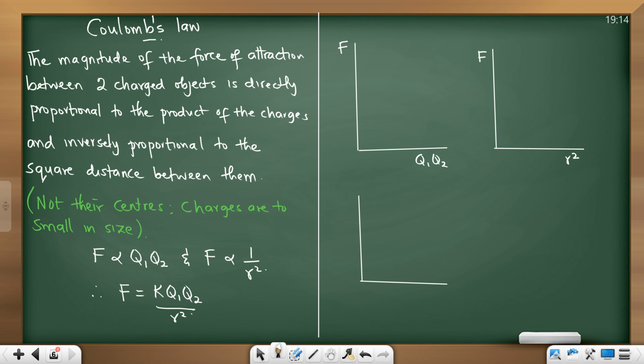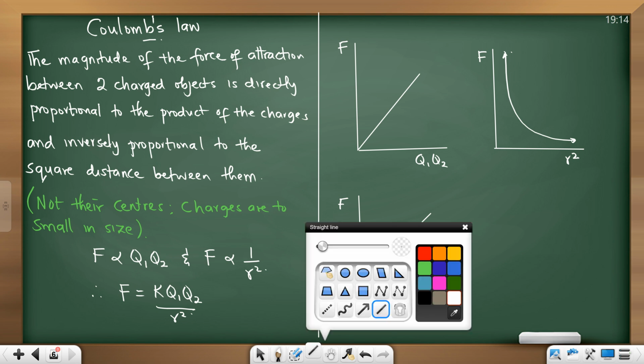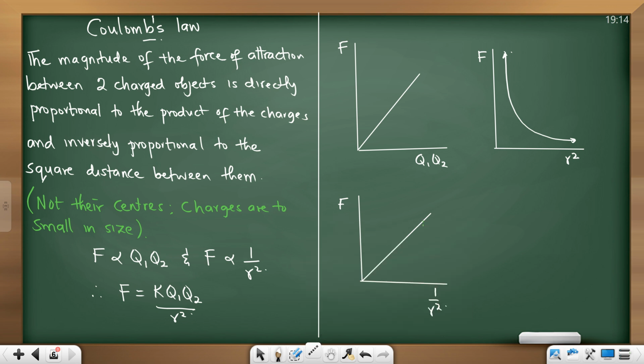I have r squared, and 1 over r squared. These ones are directly proportional, while this one is inversely proportional. Just some mathematical representations here.